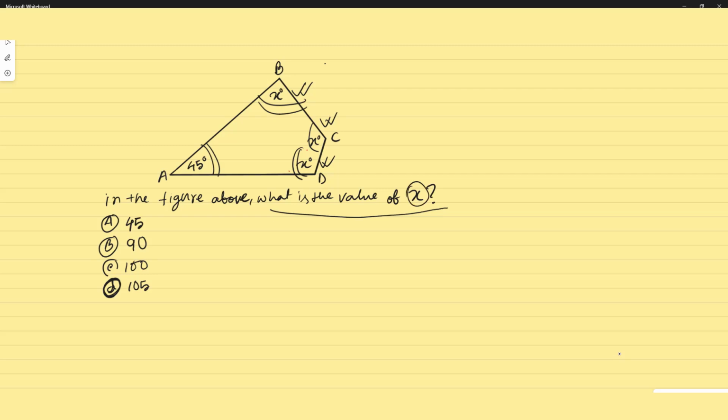We all know that if this is 45 degrees and we add it to all of these 3x angles, we get 360 degrees.